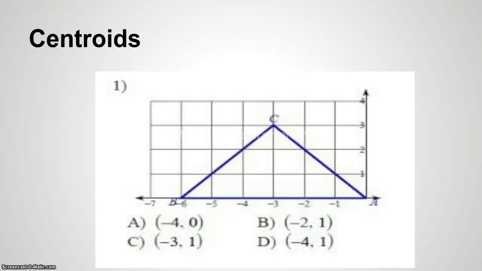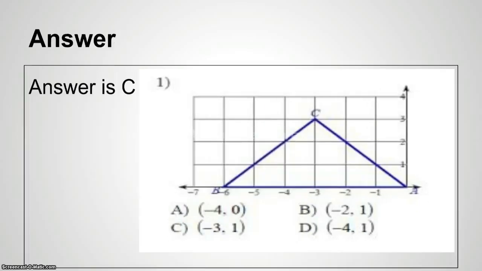Next we'll be doing centroids. I'm going to walk you through this problem and we're just going to do it logically. As you can see in this diagram, point A is at 0, 0, point B is at negative 6, 0, and C is at negative 3, 3.